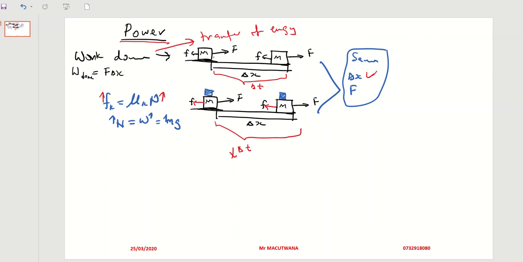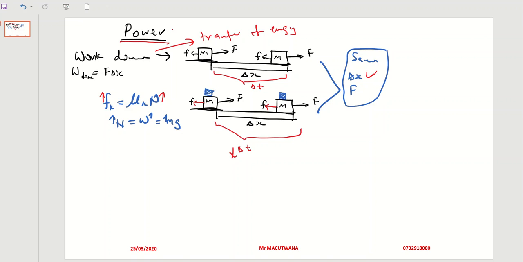For instance, in this case, this object gains energy, because it is able to move from here to that position. So if this force acts on an object, it gives this object energy, whereas the friction takes the energy out. So in this second case, the energy taken out has increased while the energy put in remains the same. So it would mean then the object must be moving at a slower pace.